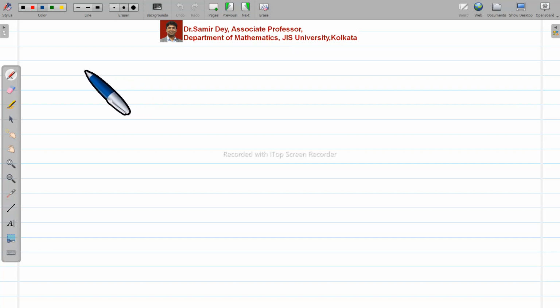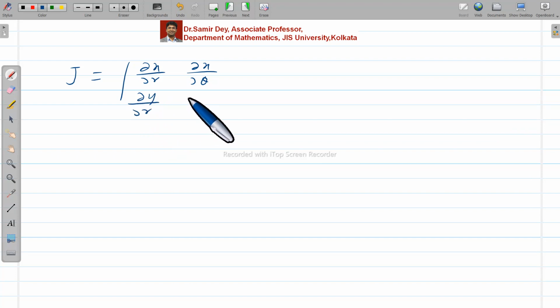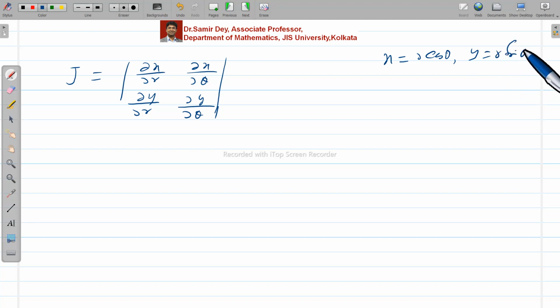So how to calculate j? J is equals to the determinant del x del r, del x del theta, del y del r, del y del theta. So what is x? r cos theta. What is y? r sin theta. So from here we may write del x del r, that is cos theta.